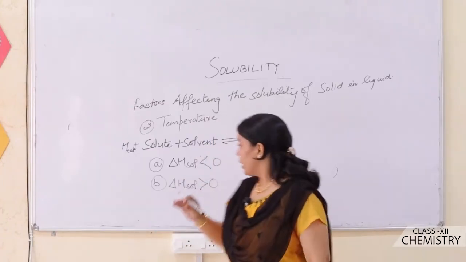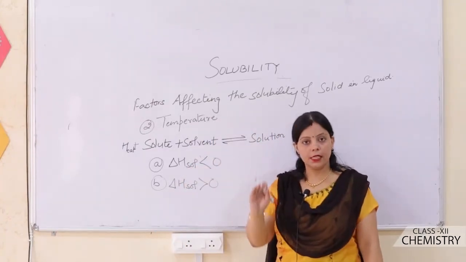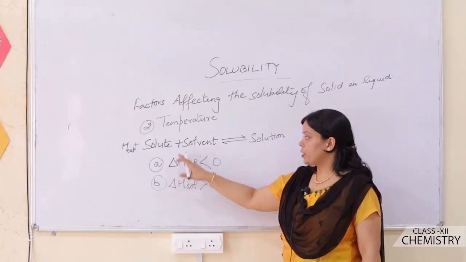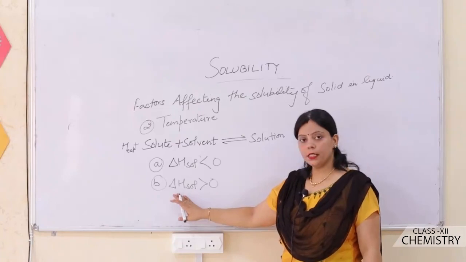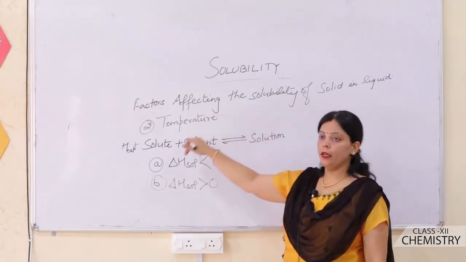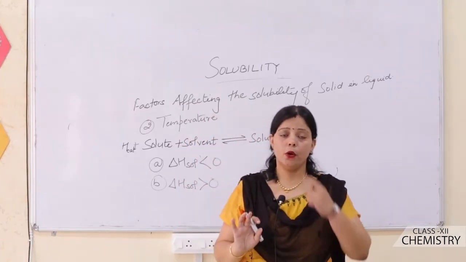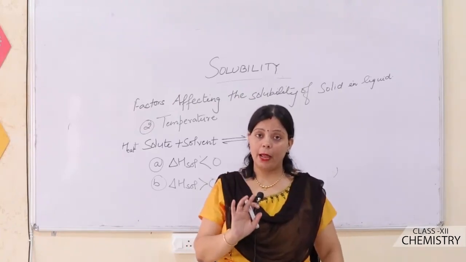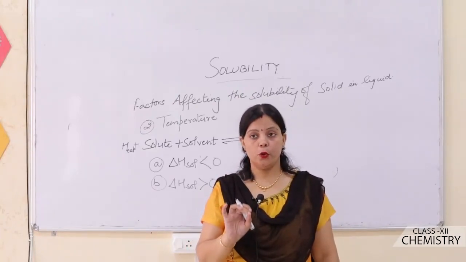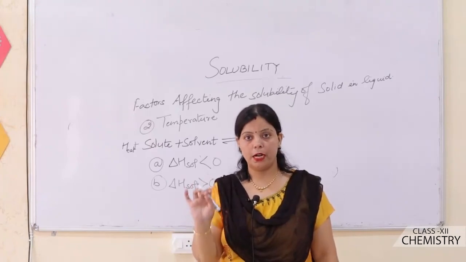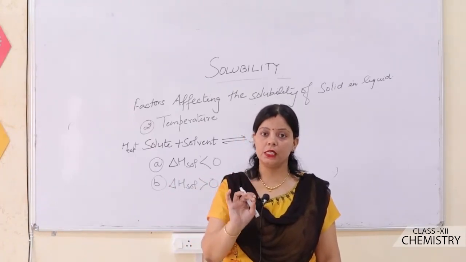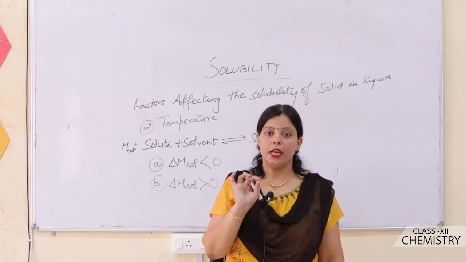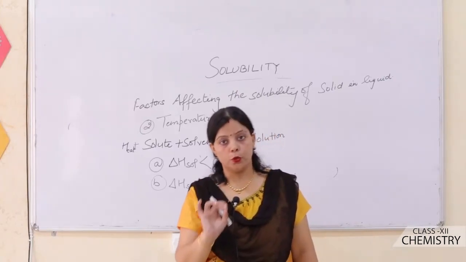Just the reverse: in the first case, when we decrease the temperature, the reaction proceeds in the forward direction, and here, when we decrease the temperature, the reaction proceeds in the backward direction. This is the overall effect: what type of solute we use for dissolution in a solvent, and what happens when we increase or decrease the temperature in a particular type of solution.